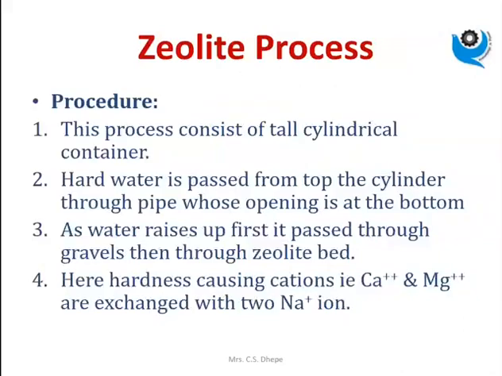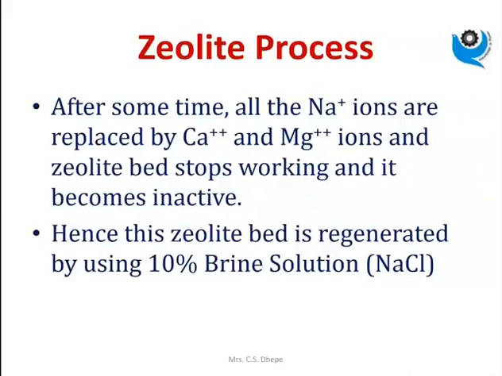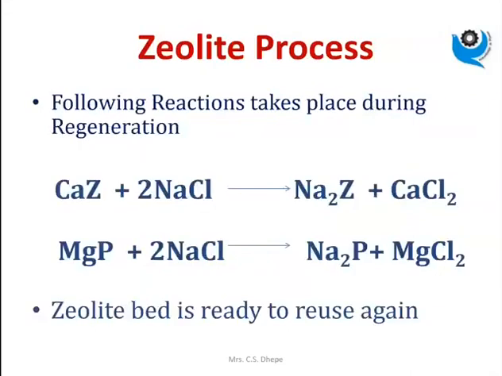So during regeneration, the following reaction takes place. See the reaction. This is your inactive zeolite bed, that is calcium zeolite, plus you are passing the brine solution, that is 2NaCl. It gives Na2Z plus CaCl2.